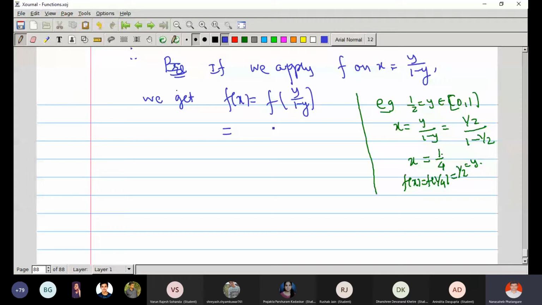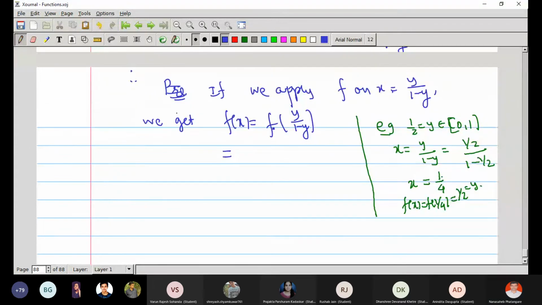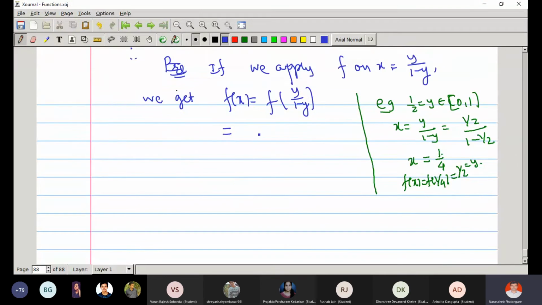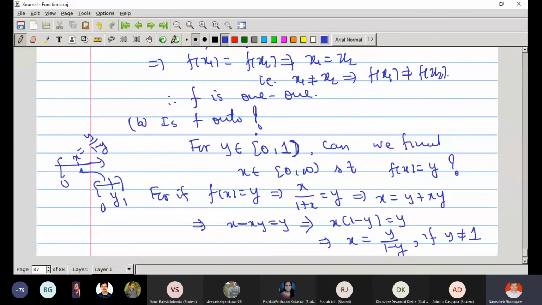We should get y again. We select y and we produce a pre-image. Is it the right pre-image of y? That means if we apply f on x, we should get back y. Now let us check whether it is true.